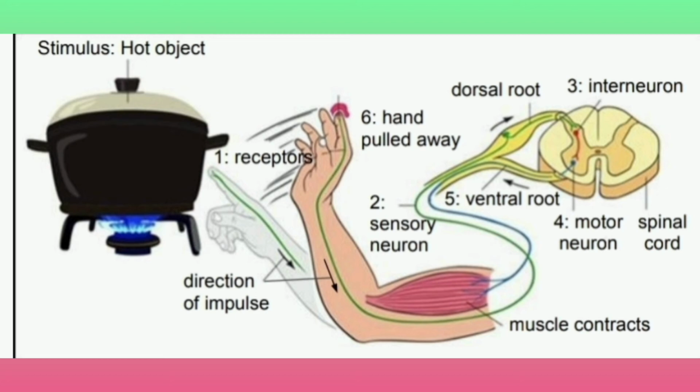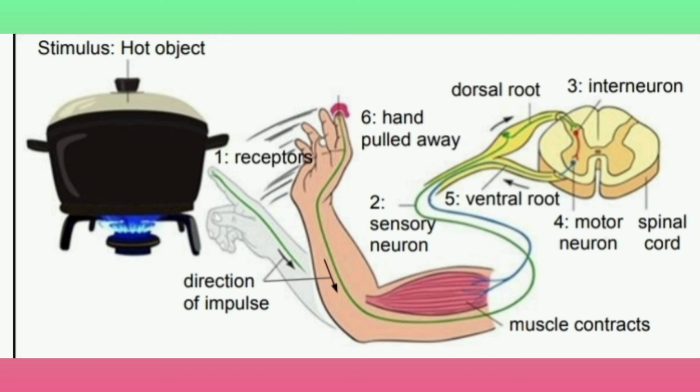Firstly, the stimulus is detected by the receptors and converted into a nerve impulse. The nerve impulse is then transmitted along the sensory neuron through the dorsal root of the spinal cord. The impulse is then transmitted from the sensory neuron to the interneuron in the spinal cord, then to the motor neuron in the spinal cord.